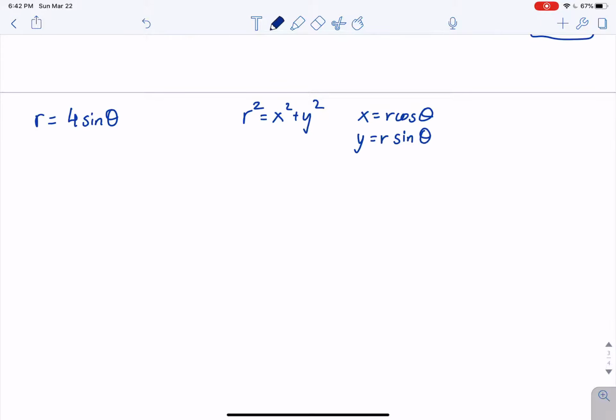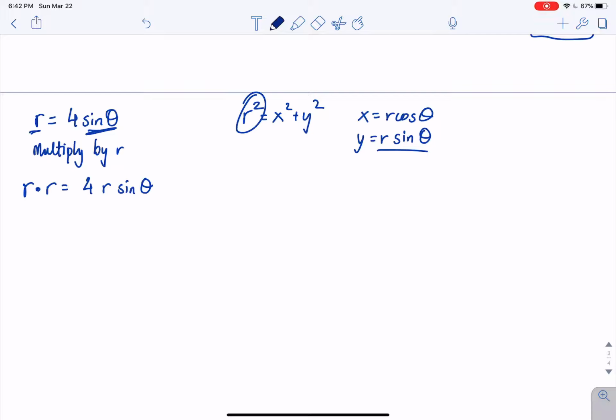Right now, we don't have any of that substituted in here. What I have is a sine theta and an r. But I need r squared and I need r sine theta. So what I'm going to do is multiply by r on both sides. So then I get r times r equals 4r sine theta.